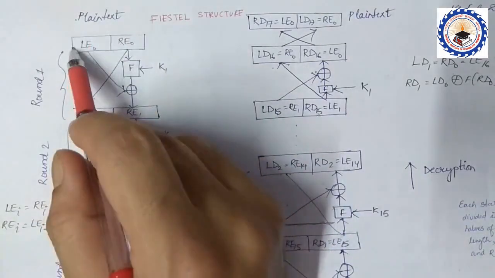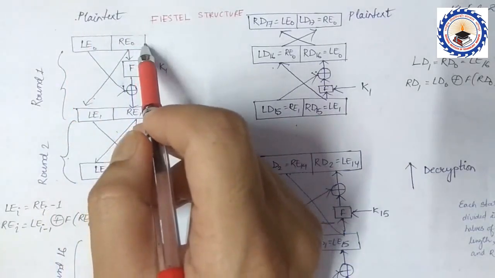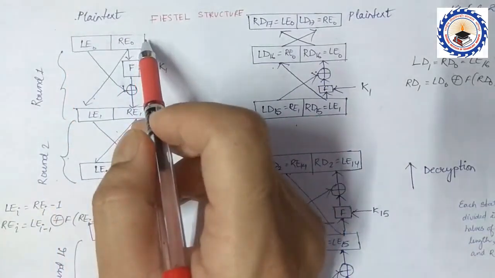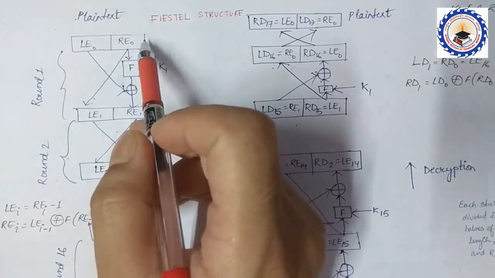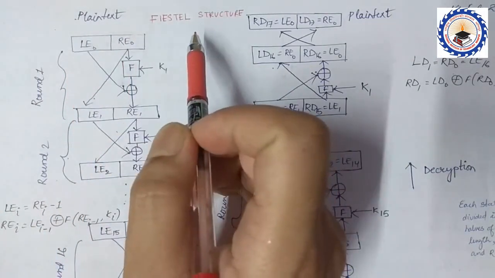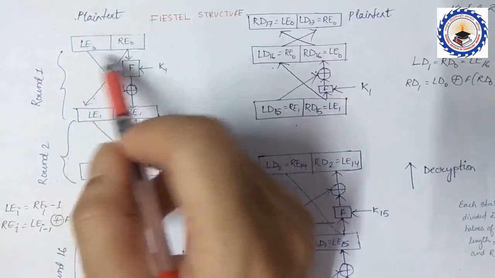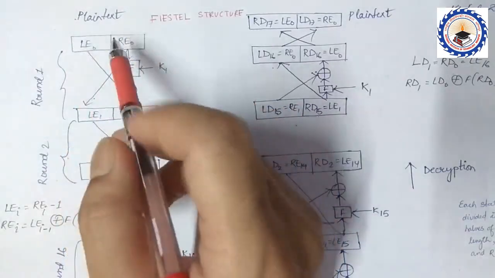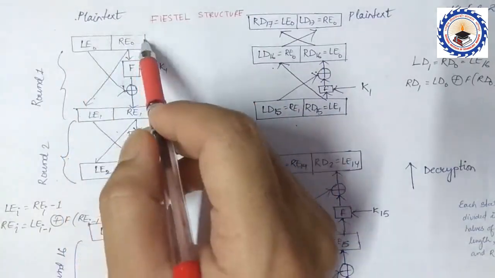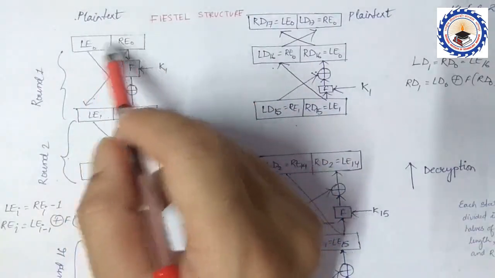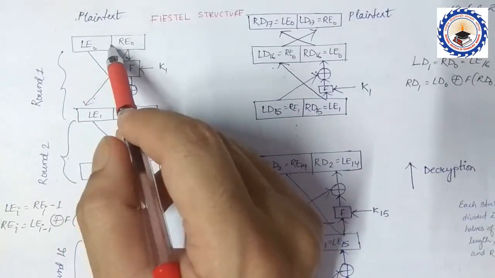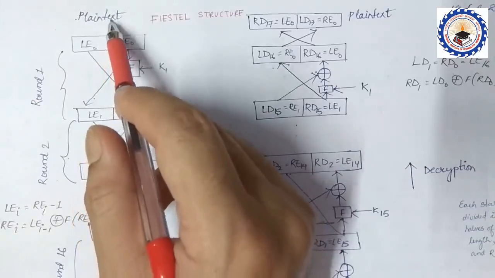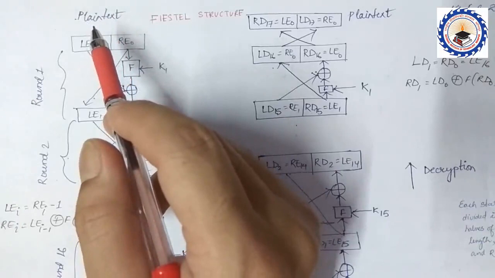From the plain text, we have taken a particular block here. Don't assume this is the only plain text block. We have n number of blocks, and this may be a particular block. In that block, we divide into equal parts. This is for the encryption part, where from the plain text we want to generate the ciphertext.